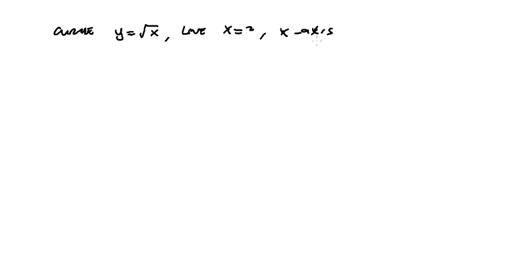Okay, so let's try to find the volume of the solid generated by this curve y is equal to square root of x, line x is equal to 2, and the x-axis, if the axis of revolution is at the x-axis.